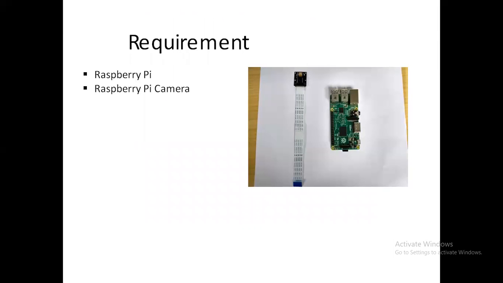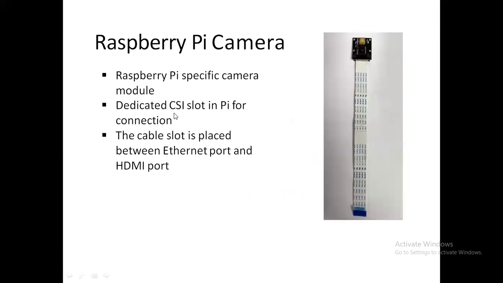For this we require a Raspberry Pi as one thing, and the other one is the Raspberry Pi camera. These are the two things which are required. Now the Raspberry Pi camera, we'll just have a glance at what exactly this camera is about. It's a specific camera module with a dedicated CSI slot for connection.